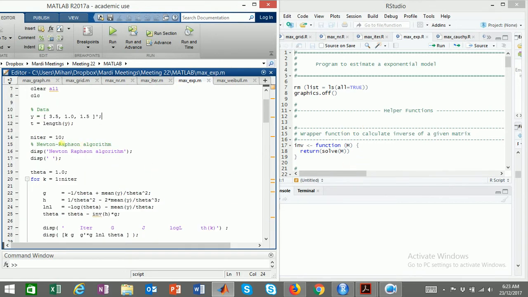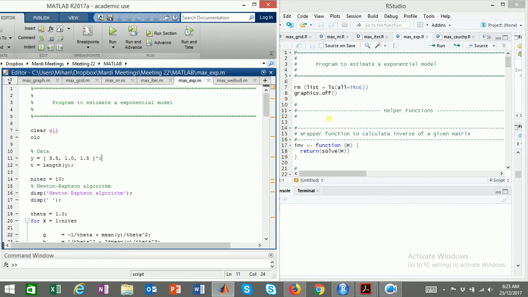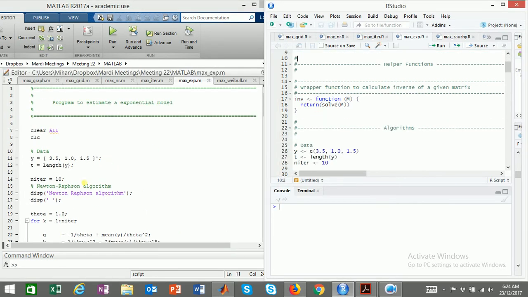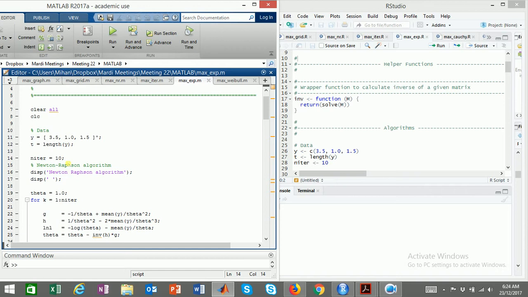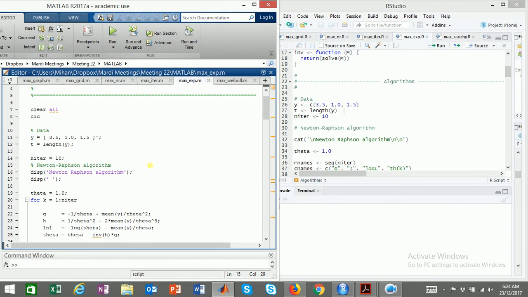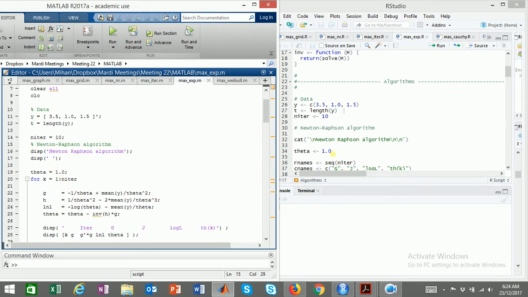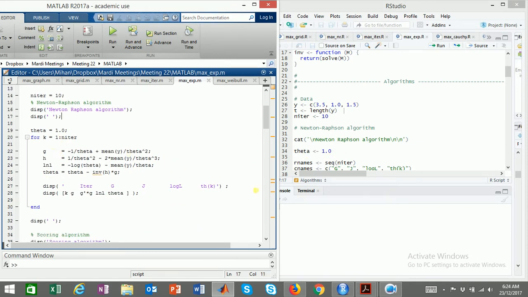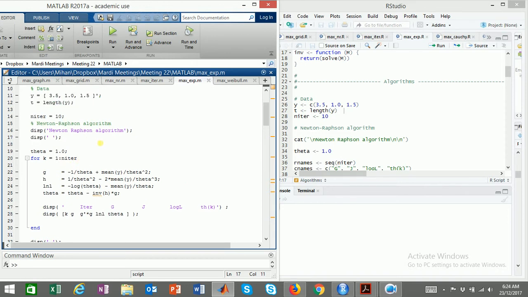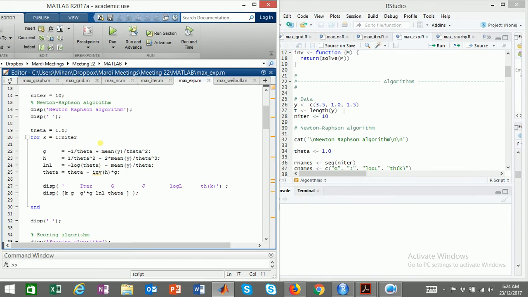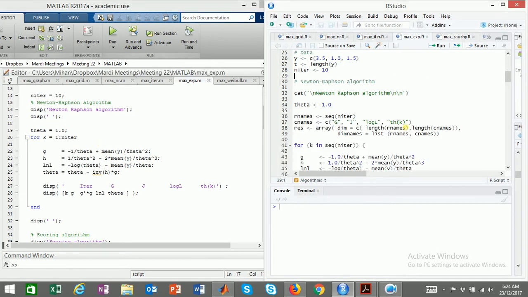First we are doing the simulation, inverse wrapper function. So there are 10 iterations that we will require exactly the same. First with Newton-Raphson, we start with theta 1 k for k equals 1 to number of iterations. When the number of iterations is 10, because it's just 10, we don't need to create a storing array, it will automatically store.